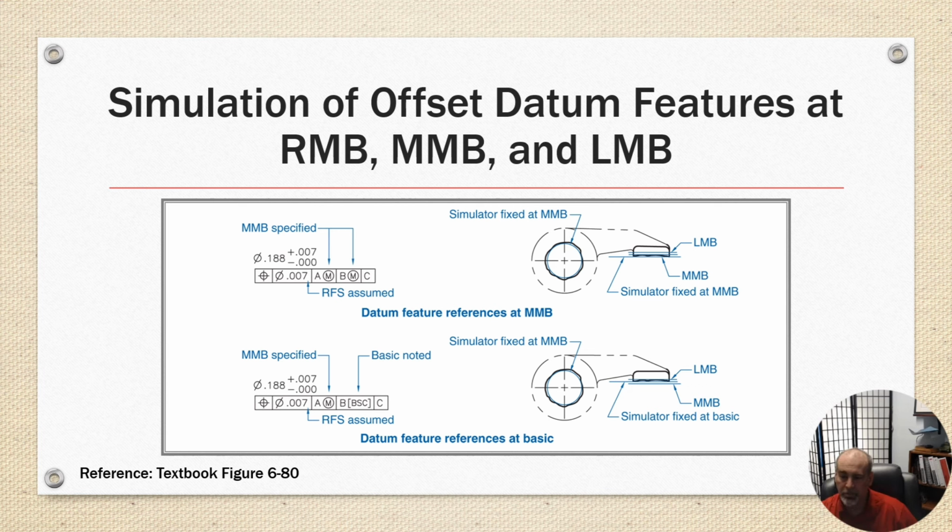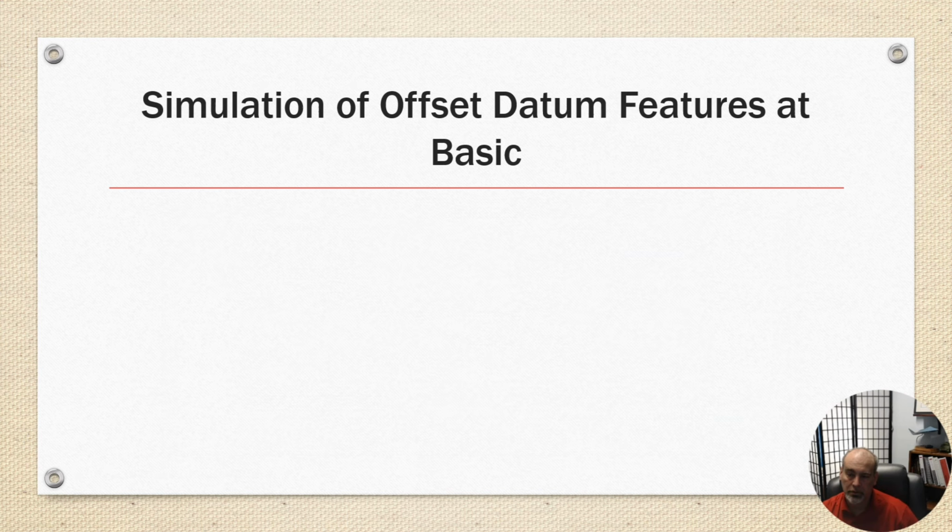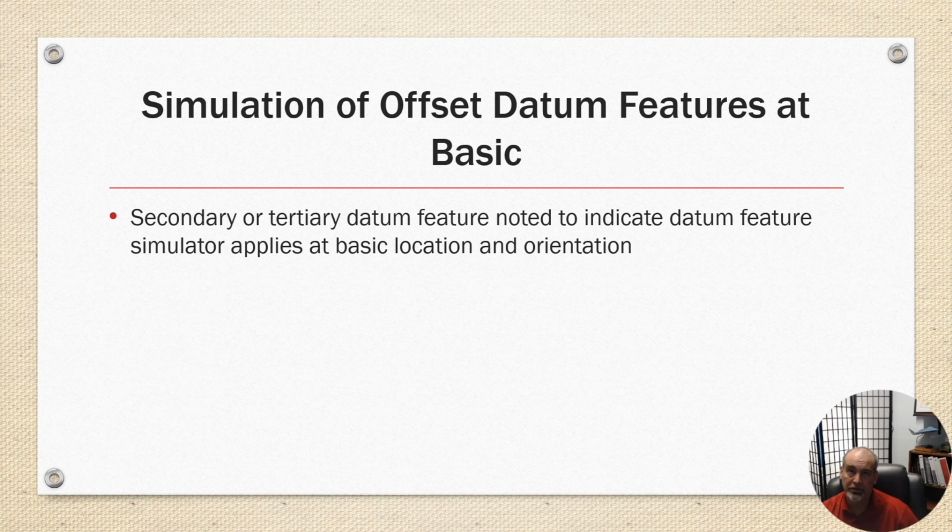An example on the bottom, datum B is basic. A simulation of offset datum features at basic. A secondary or tertiary datum feature is noted to indicate the datum feature simulator applies at basic location and orientation. Basic is shown following the datum feature letter.